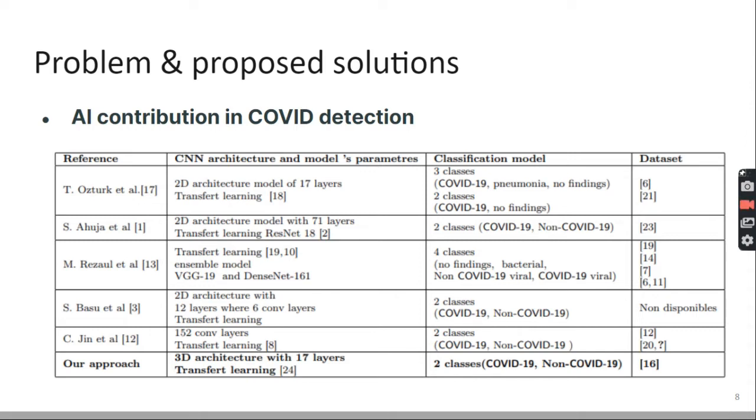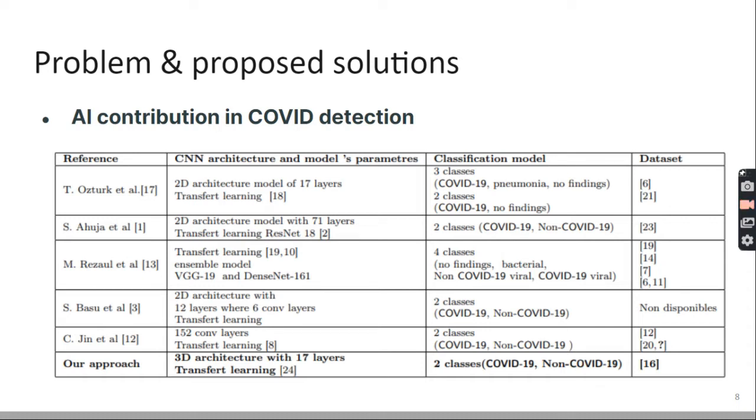Ahuja et al. proposed a 2D architecture model with 71 layers using transfer learning on ResNet 18, and it outputs two classes, COVID-19 and non-COVID-19. Rizaul et al. proposed a transfer learning ensemble model using VGG19 and DenseNet 161. Four classes are outputted: no findings, bacterial, non-COVID-19 viral, COVID-19 viral.